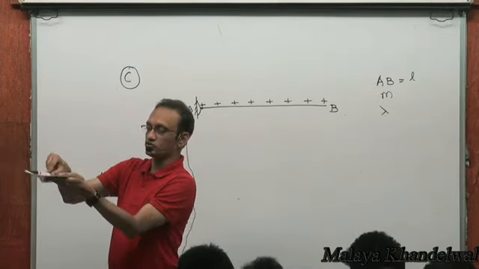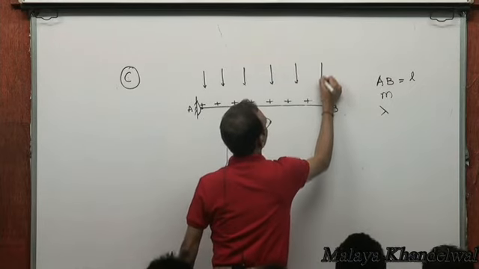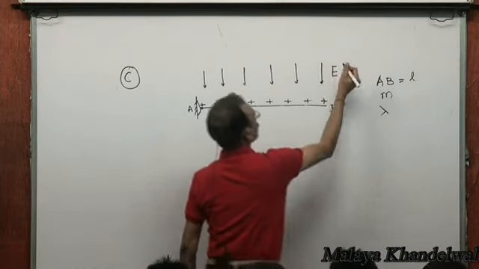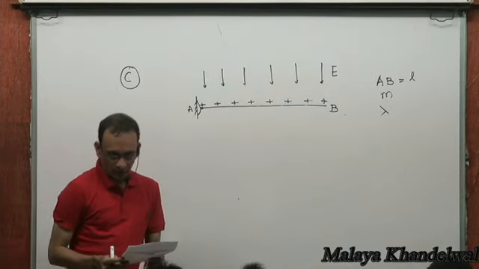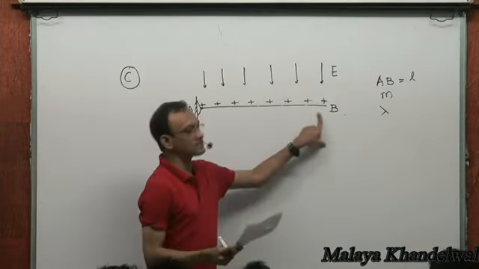So now this rod is subject to a uniform electric field E. We want to be able to find the horizontal acceleration of the rod.